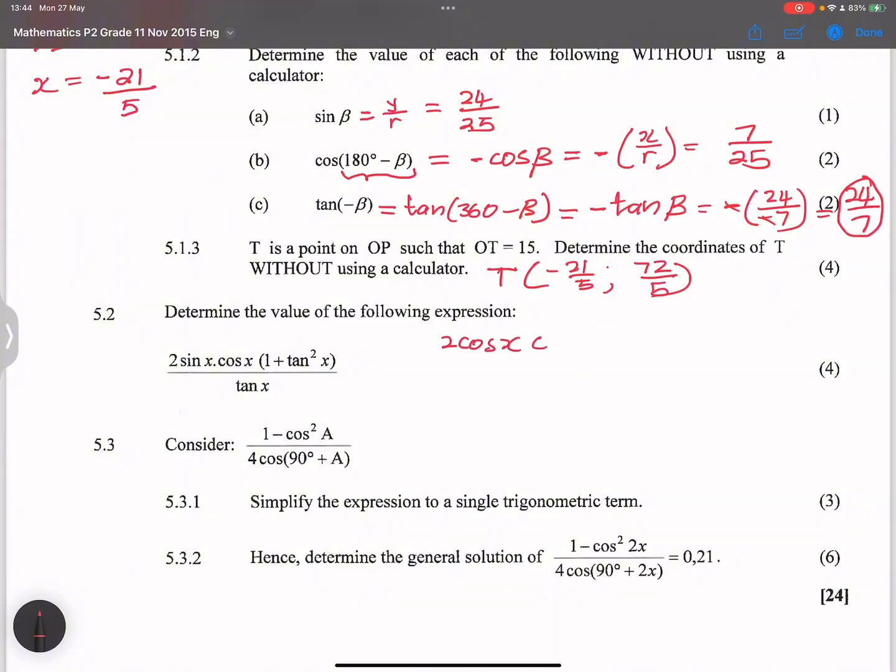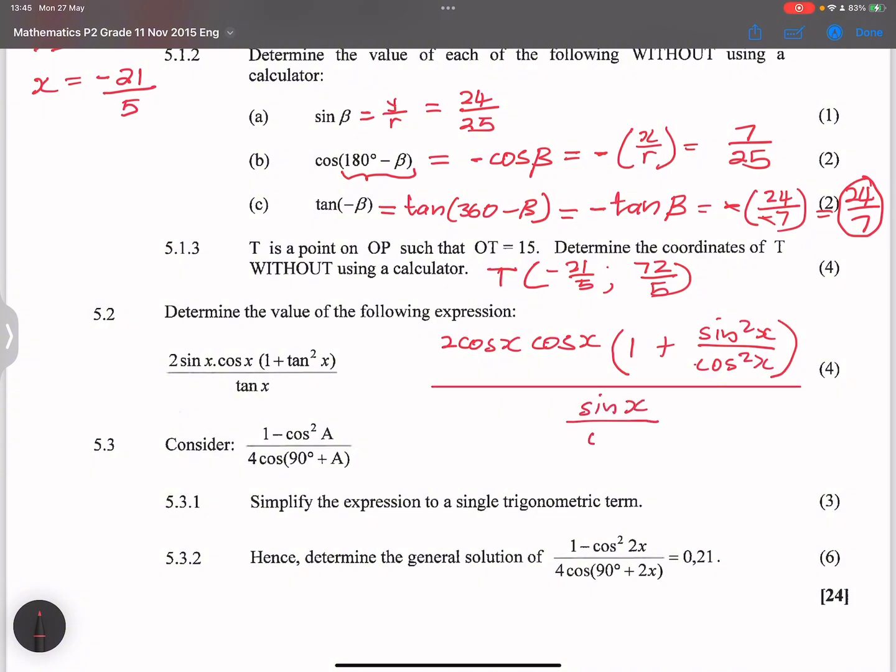So what I'm going to do is change that tan squared in the numerator as well as in the denominator to be 1 plus sine squared of x over cos squared of x, divided by sine x over cos x.